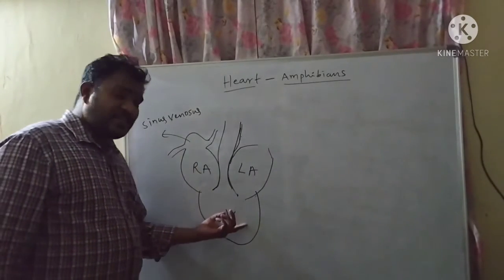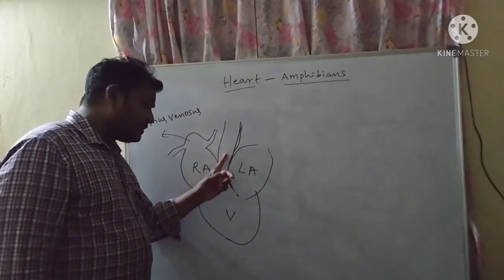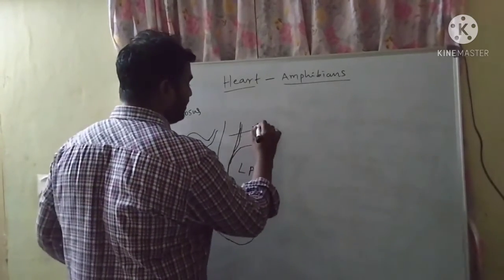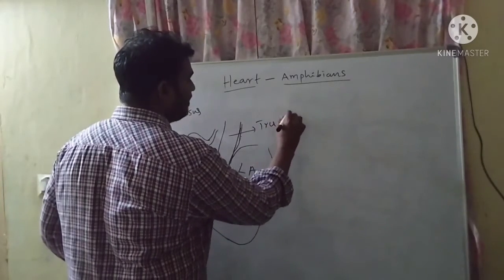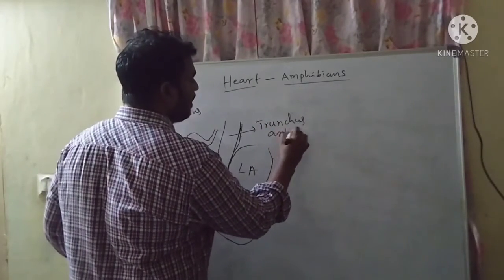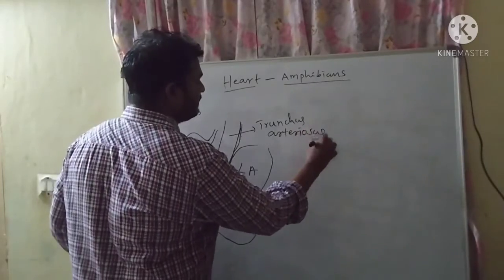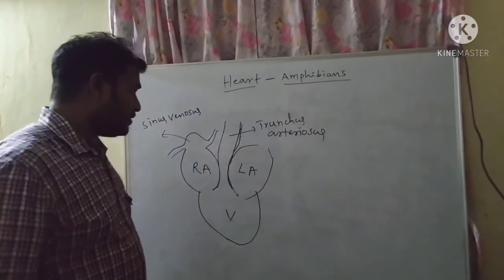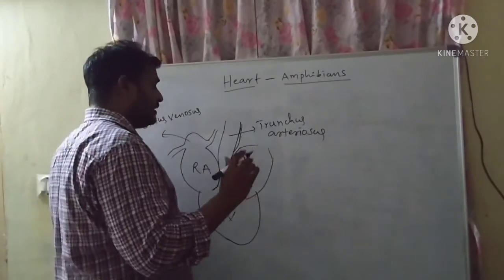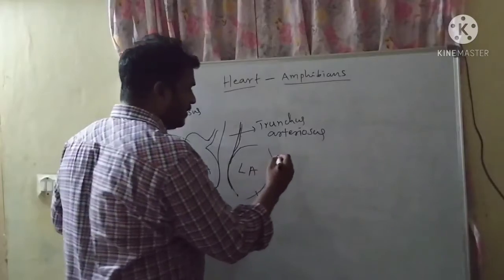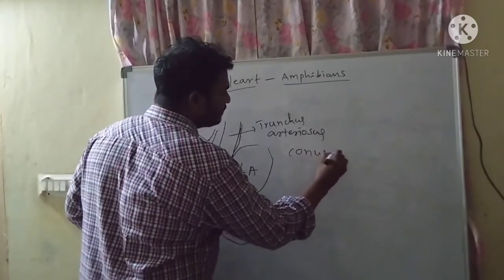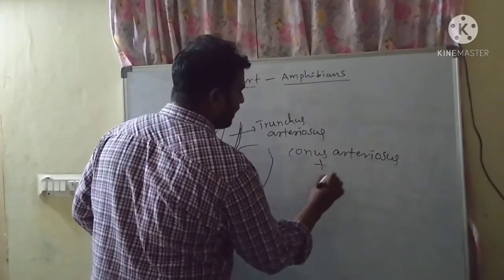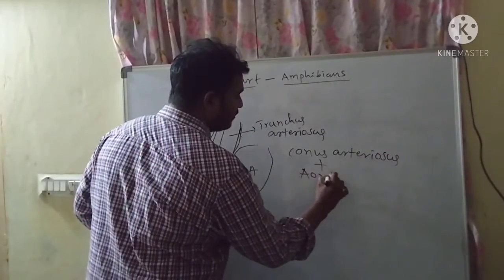A branch arises from the ventricle, which is called truncus arteriosus, formed by the fusion of two structures: conus arteriosus plus aorta.